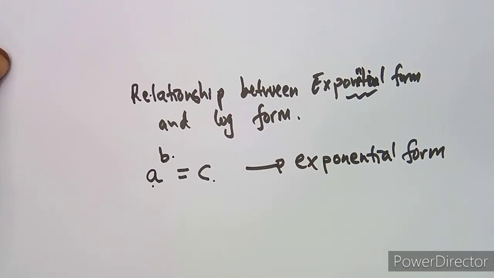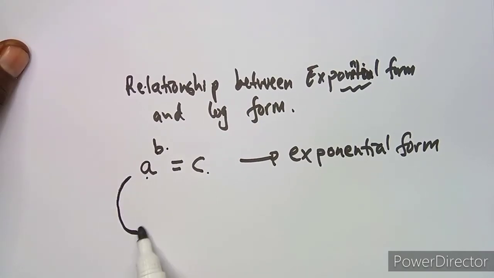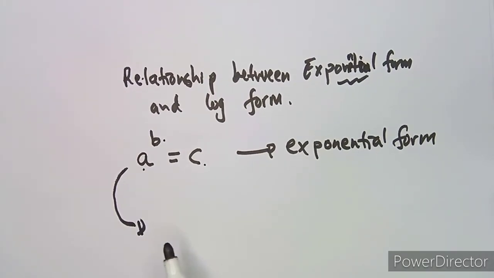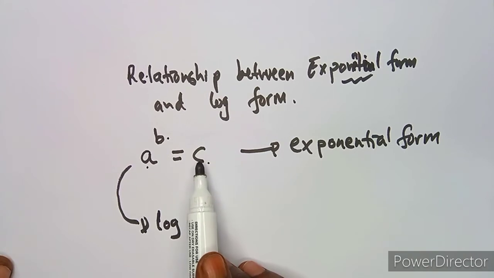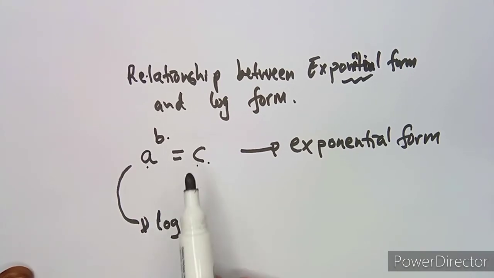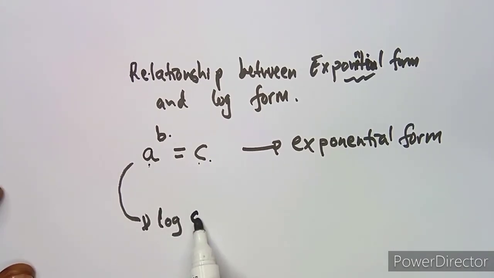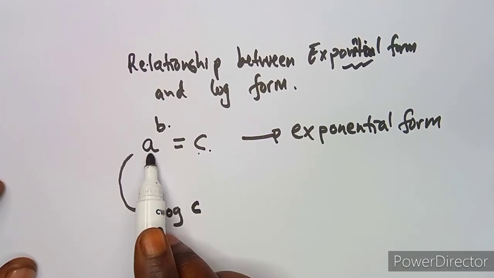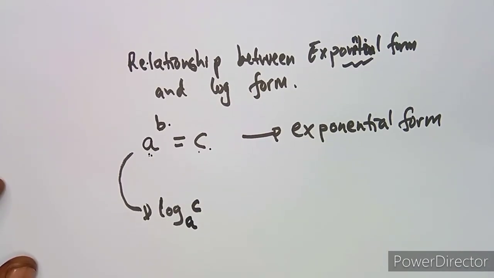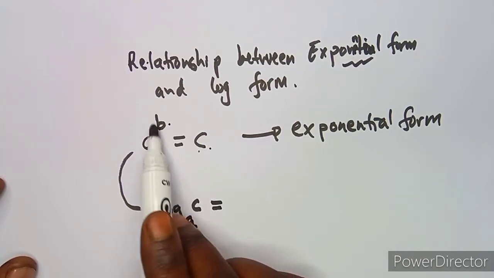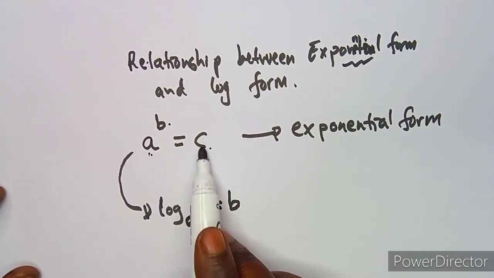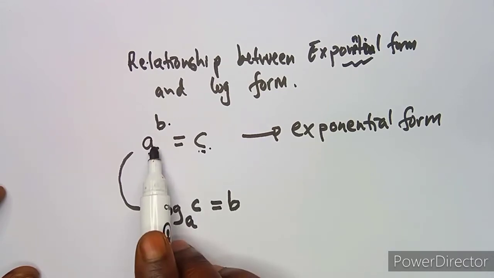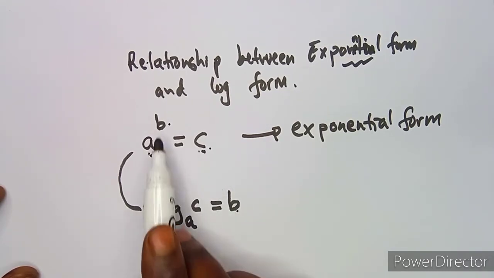In log form, this is going to be equivalent to the logarithm of, take note, the number which is your answer here, which is c, in the base, which is a, which is going to give us the exponent b. So take note, guys, it's log of this number in the base. This is your base, and your answer is the exponent.